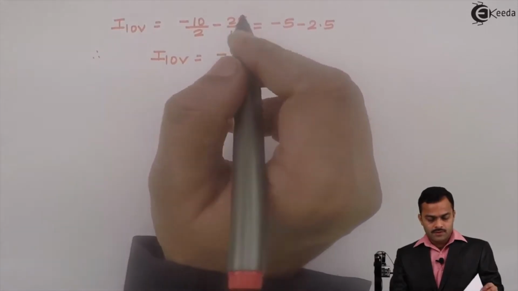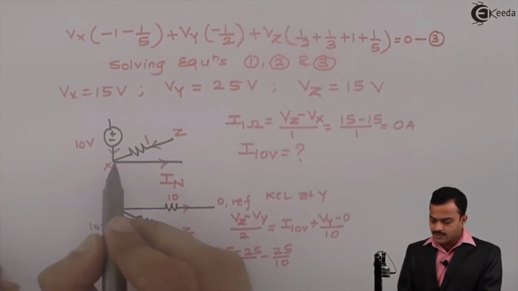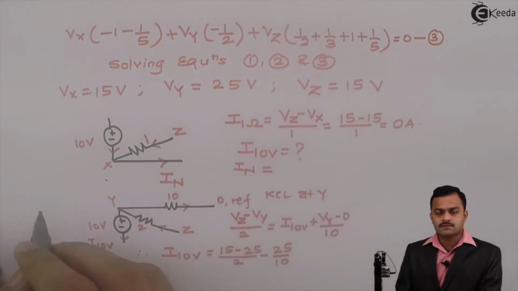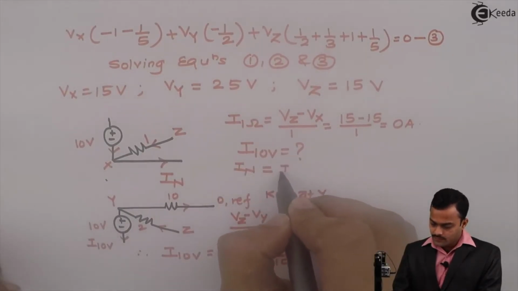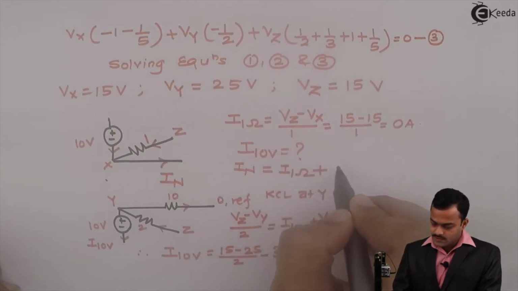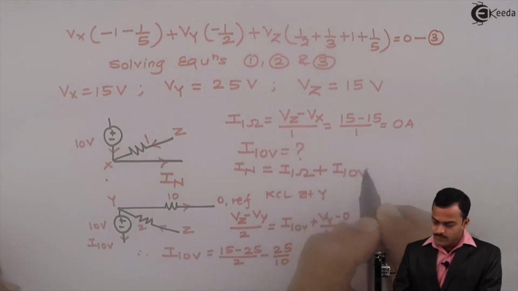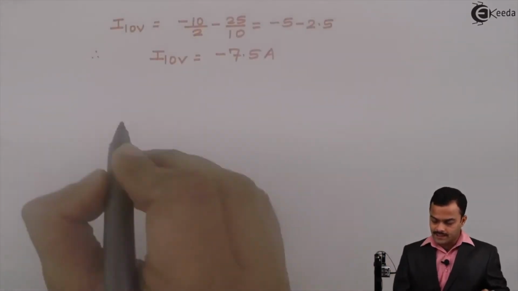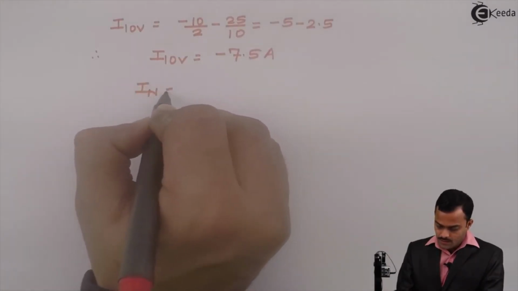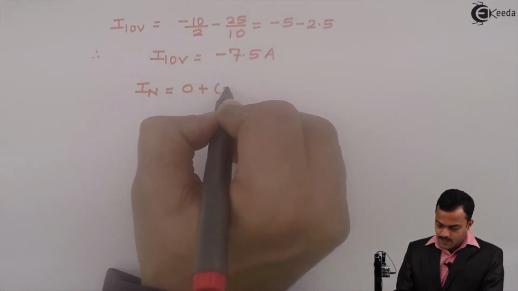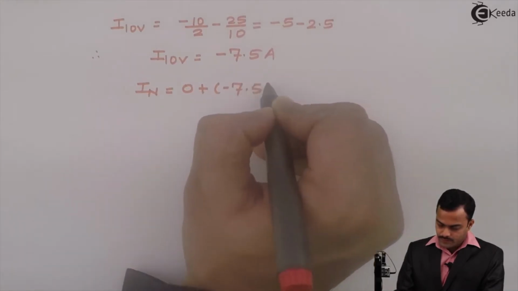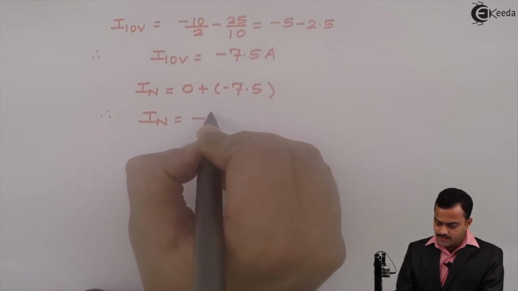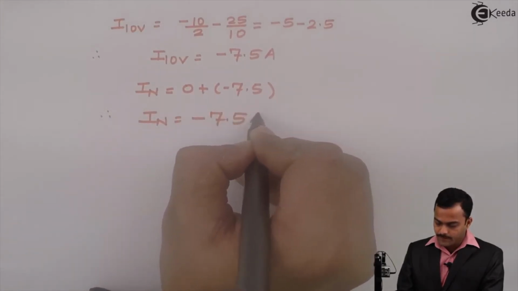Now if I check at this node, what was IN? IN is nothing but current flowing through 1 ohm resistance plus current flowing through the 10 volt battery. So if I use this equation, I will get IN as 0 plus minus 7.5. So Norton current I will get as minus 7.5 ampere.